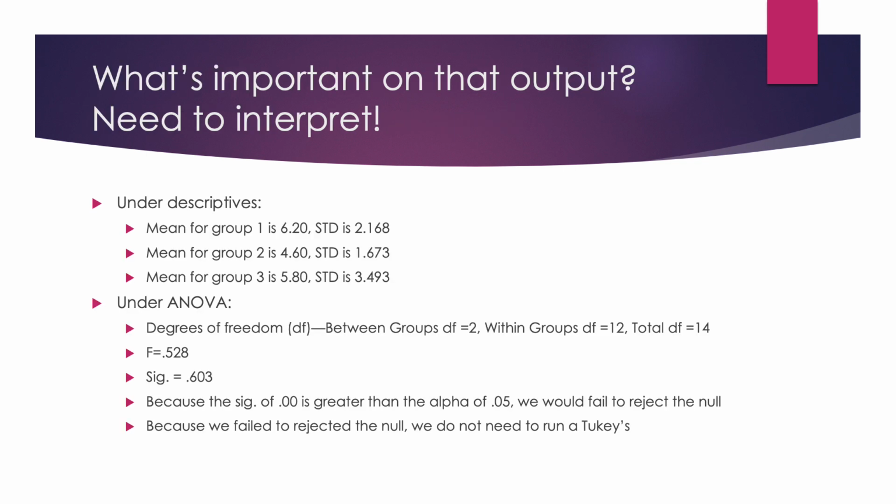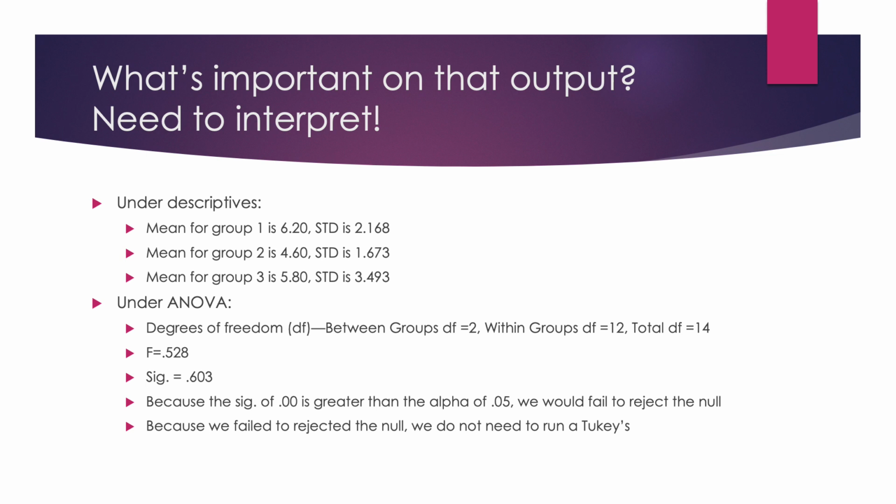So here's what you should have interpreted. The mean for the first medicine has a relief score of 6.20 with a standard deviation of 2.168. The mean for group 2 is 4.60 with a standard deviation of 1.673. The mean for group 3 has a relief score of 5.80 with a standard deviation of 3.493.